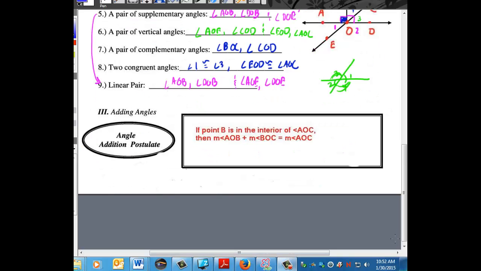Our last rule of the day is called angle addition postulate. Let's recall that we had a rule that we learned last unit that was called segment addition postulate.